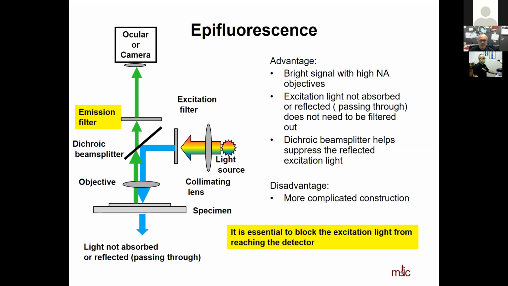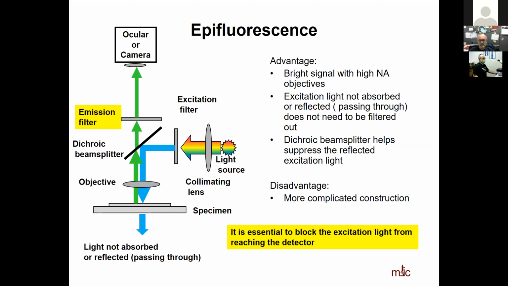Because it's a longer wavelength, it passes through the filter, and we further clean up the signal with the emission filter so that we suppress as much of the original illuminating light as possible. And then we can either look at it directly or have a camera or some other detector to record the image.